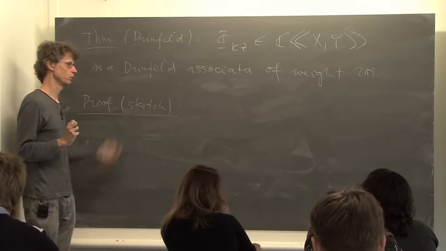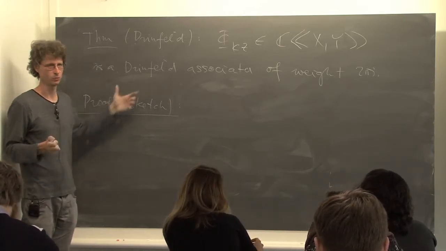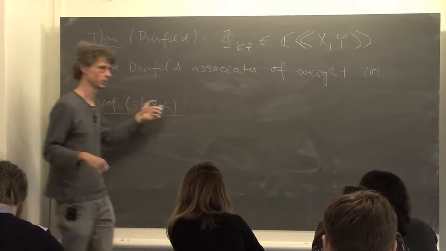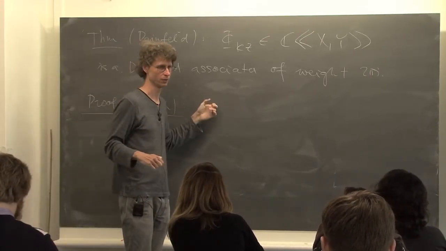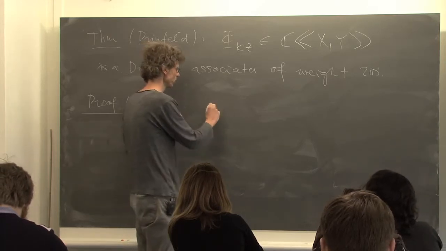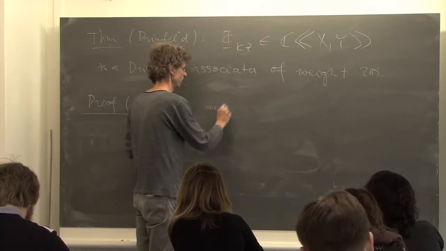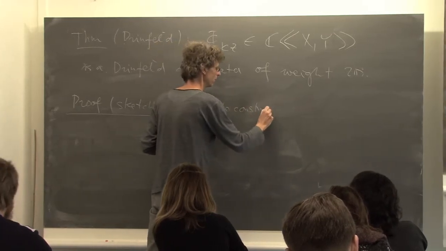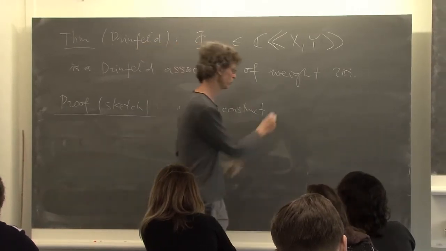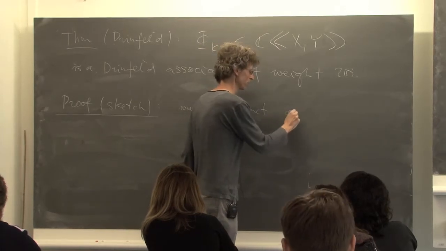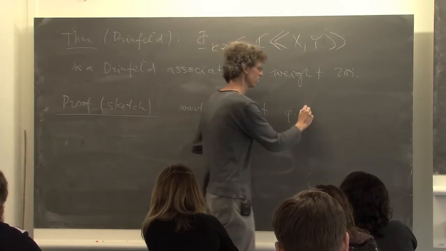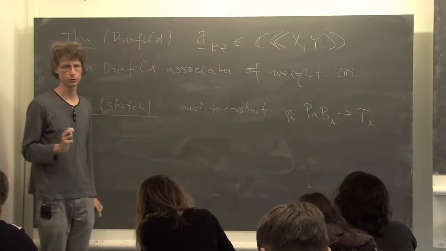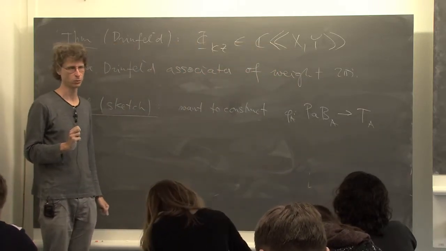So what is the general idea behind that? Well, there are some technical details that would probably take way too long, but the general idea is relatively simple. So we actually want to construct, in this full definition of an associator, that phi for every A and check that it's a morphism of operads, that it's compatible with substitutions.